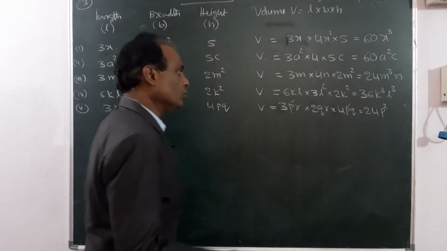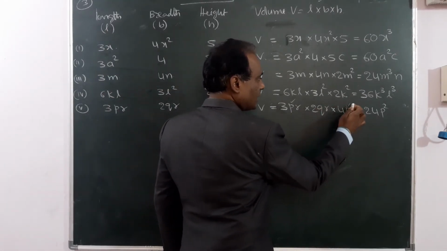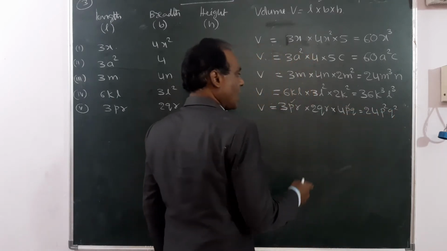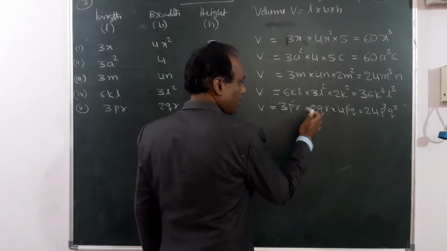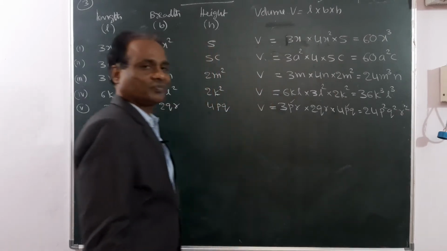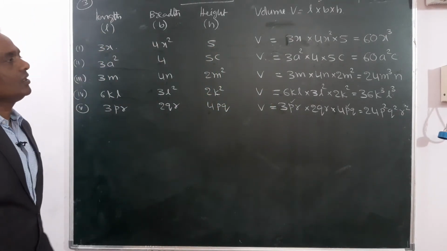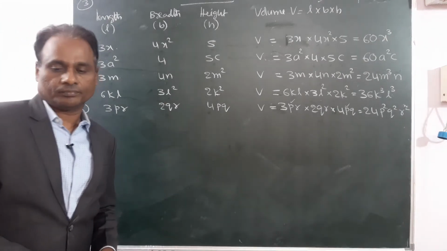Next, q's. q power 1, q power 1, 1 plus 1, 2, q square. r's, r power 1, r power 1. Bases are same, powers are added, 1 plus 1, 2, r square. Like this you can multiply. So look at and see how I simplified. Write down.